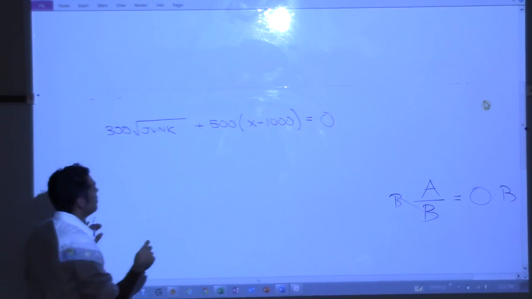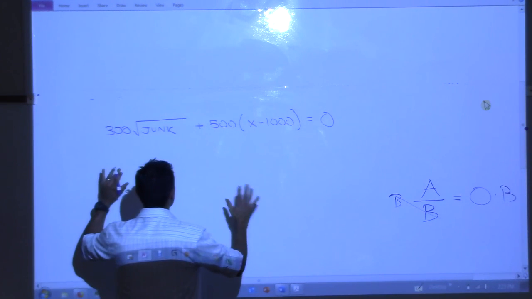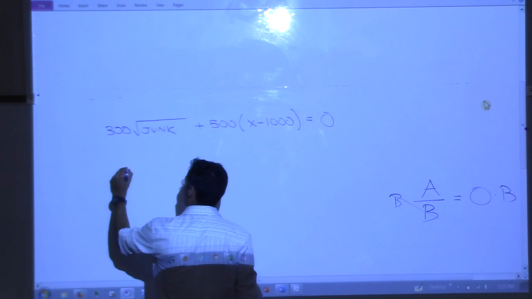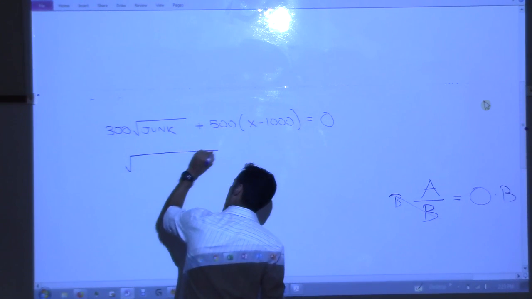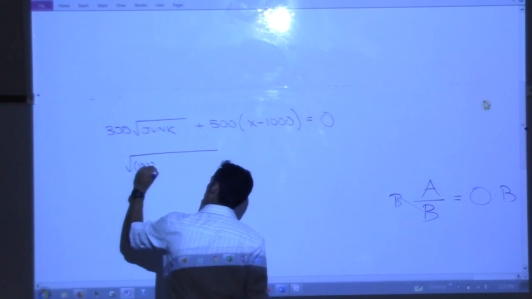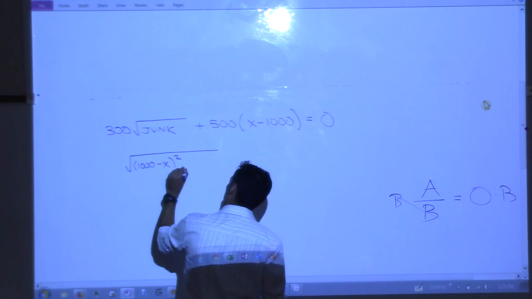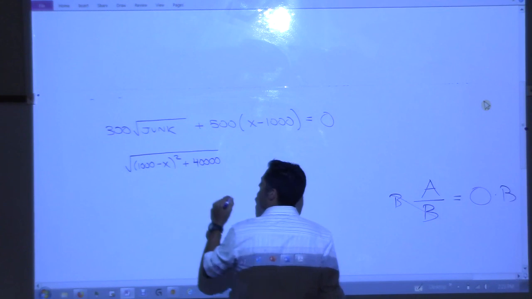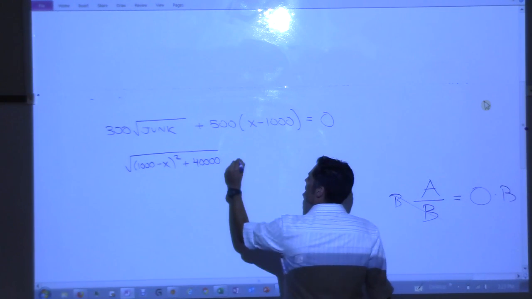So I'm now going to write the next line. How do I want to do this? Okay, I'll do this. Square root of (1,000 minus x) squared plus, it was 200 squared, right? Which is 40,000. I'm going to go ahead and square that now.